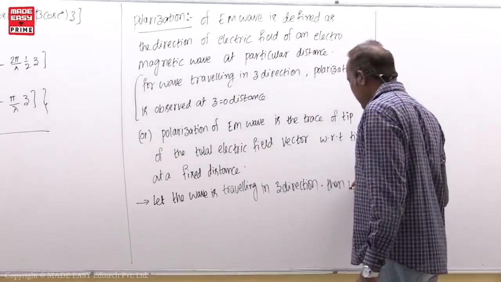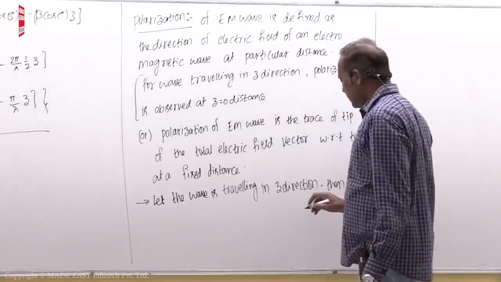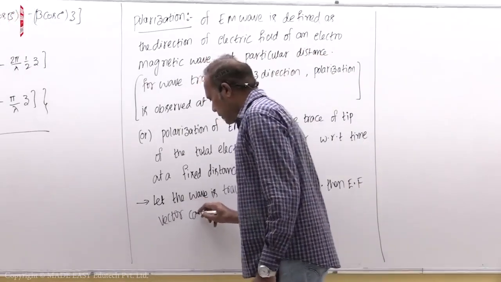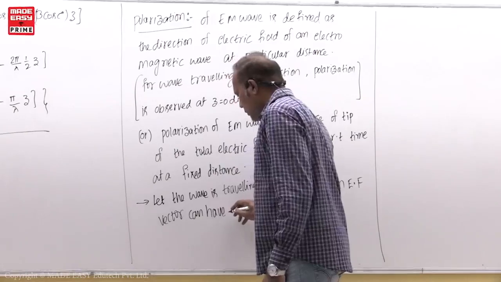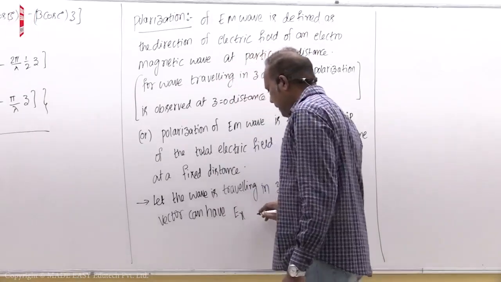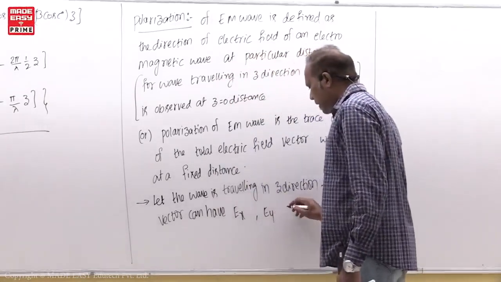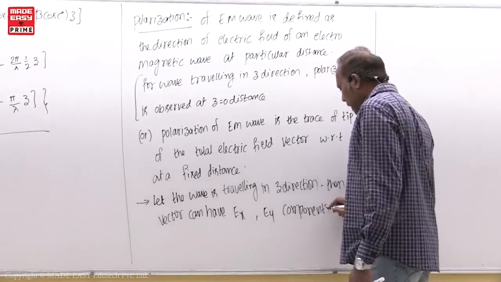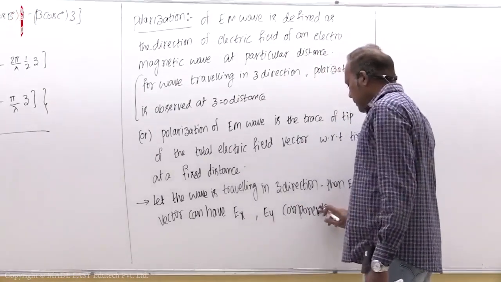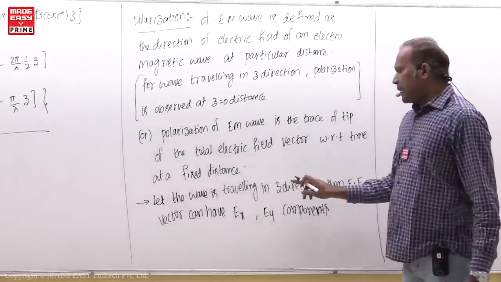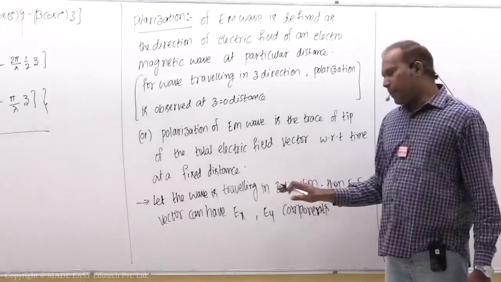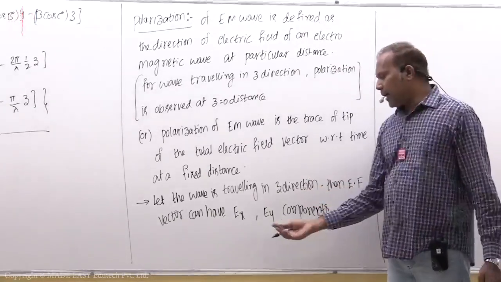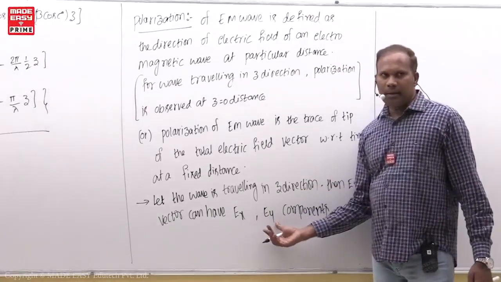Then the electric field vector can have electric field x, comma, electric field y components. What I am saying is, if the wave is traveling in z direction, we have proved that the electric field z component is 0. Then the electric field can have x component and y component.